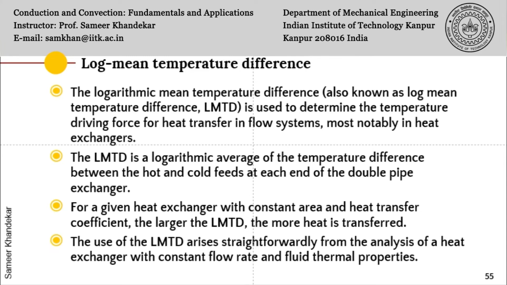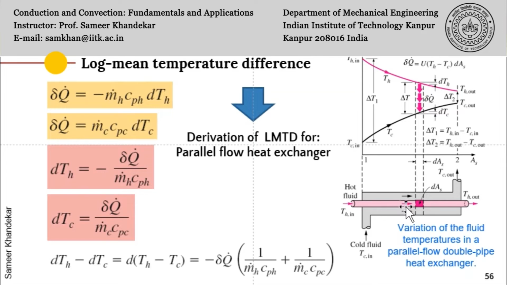Slide number 56. So here you see a pipe in pipe heat exchanger, and we have qualitatively seen the way the temperature profiles of the hot fluid and the cold fluid will vary as they flow inside this heat exchanger. So what we will do now is to analyze it.